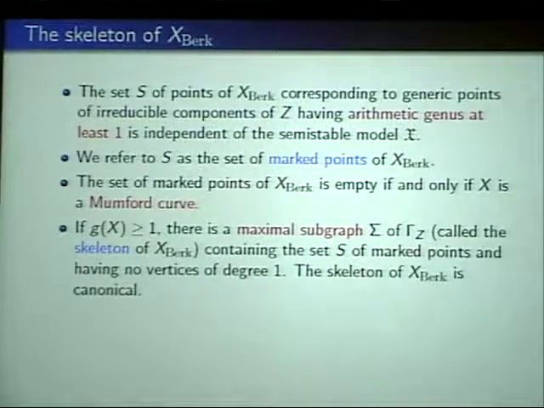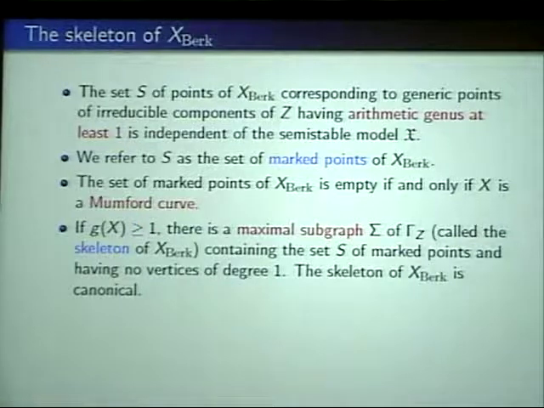You could have the circle and maybe a little tree hanging off it, and that tree has some vertices of degree 1, so that's not minimal. The skeleton corresponds to a minimal model. So you can contract those trees and you get a maximal subgraph which has no vertices of degree 1 and contains the marked points. And this is canonical, well defined as long as the genus is at least 1.